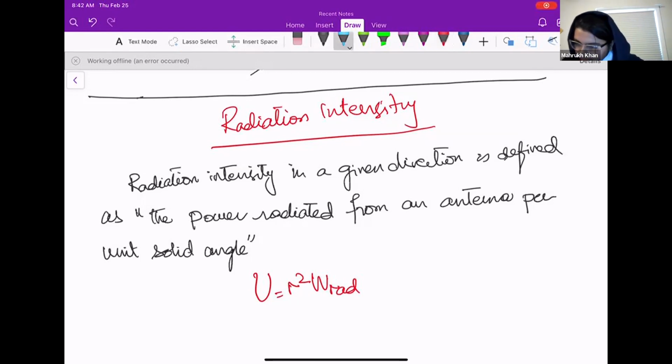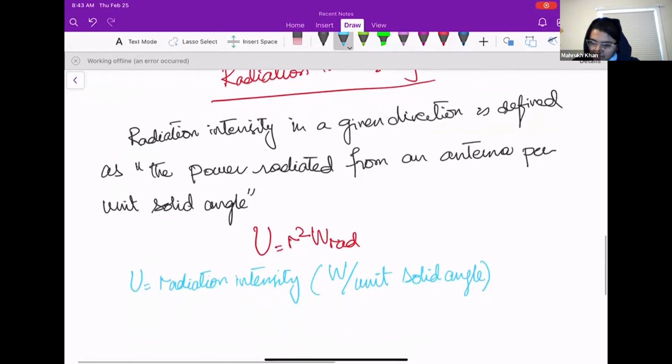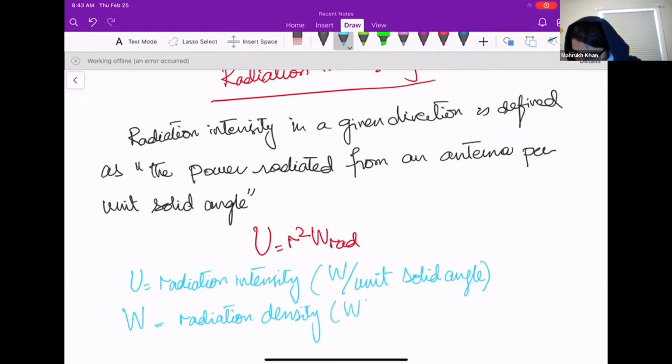So U is equal to radiation intensity, and its units are W per unit solid angle. And we know that W is radiation density, W per meter squared.